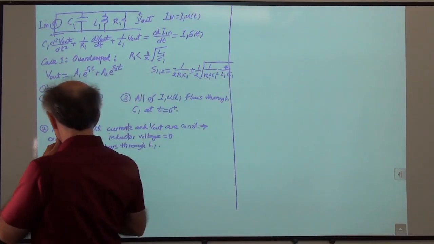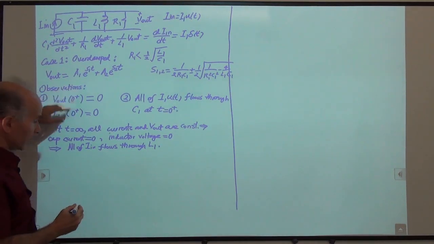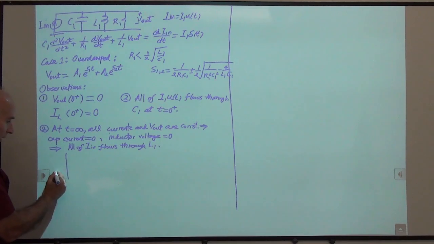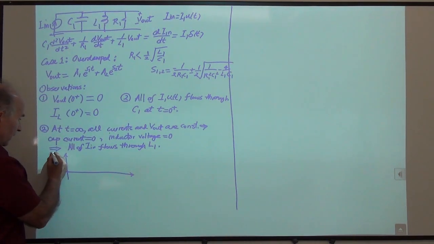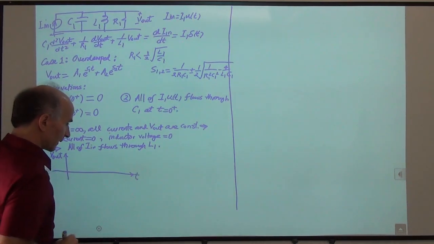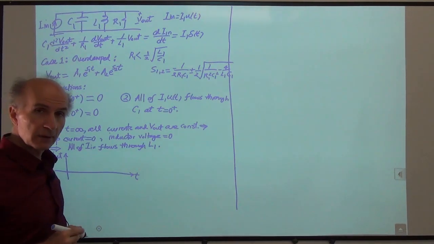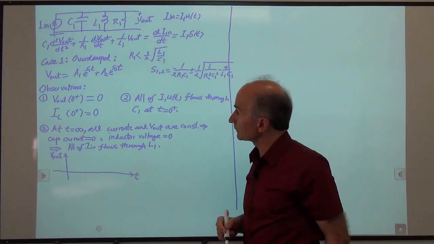Okay, so based on these, let's go ahead and for the case of overdamped response, try to sketch these voltages and currents just to get a feel for what's going on before we write equations. So V out, the output voltage as a function of time. We want to see how much that is.